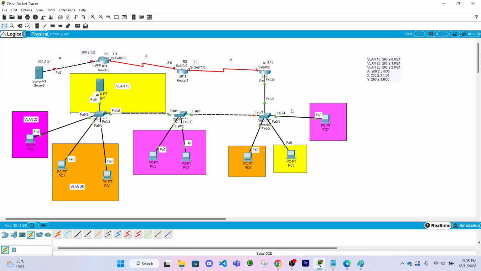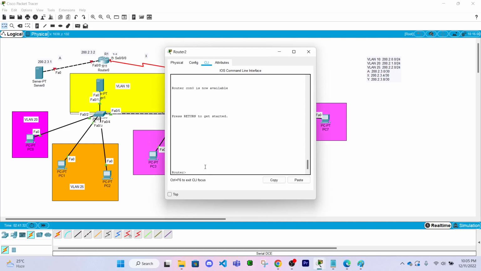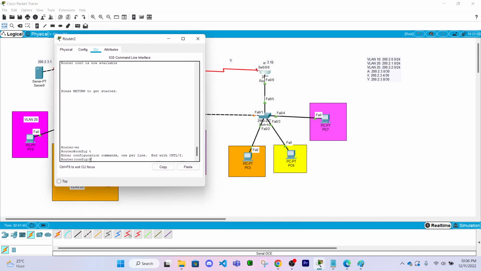So for router configuration for R3, double click on R3 and enter en, config t, enter. Then for the serial port, int, enter. Then the interface name is 0/0/0, then enter.